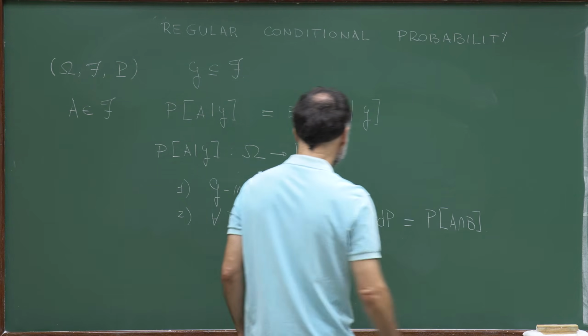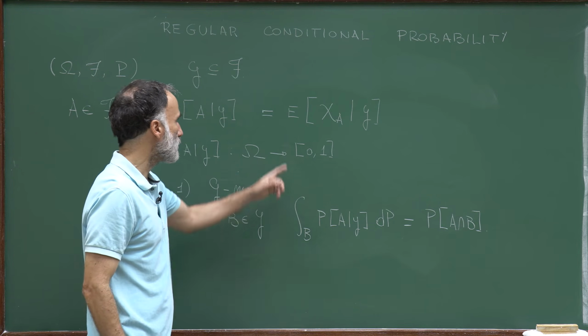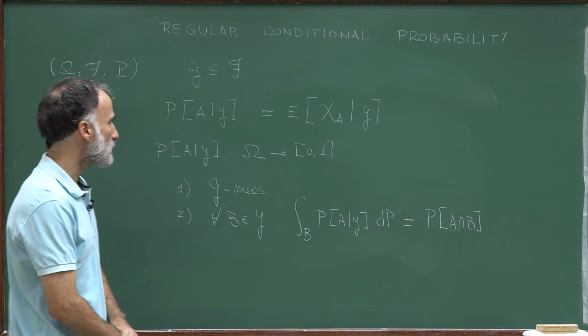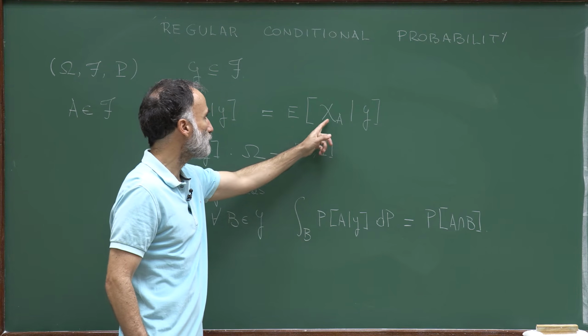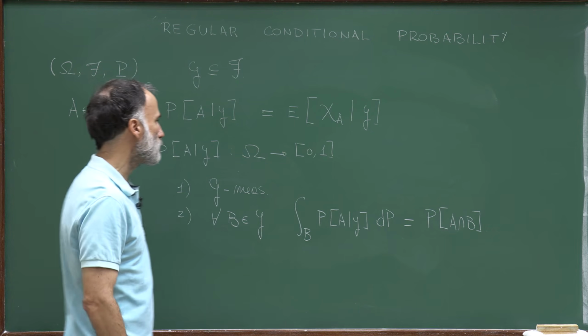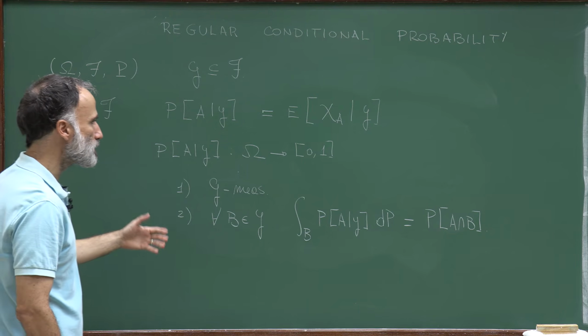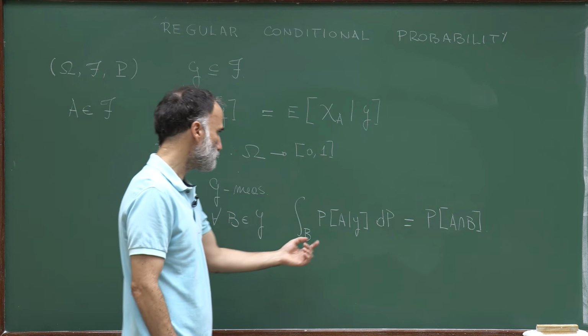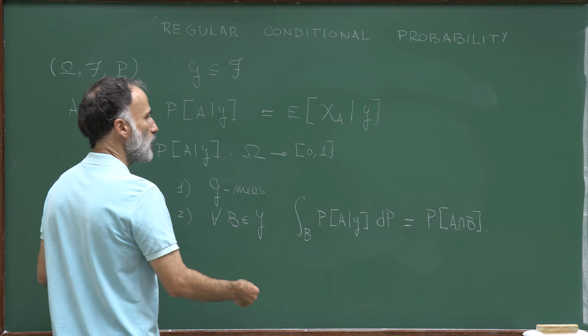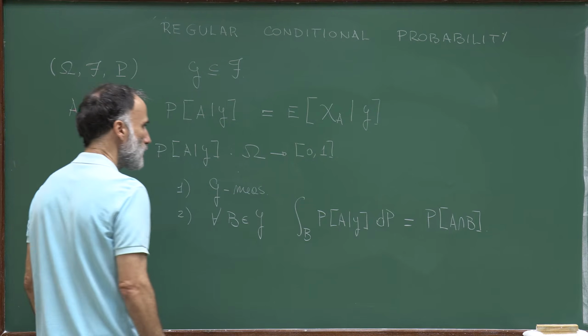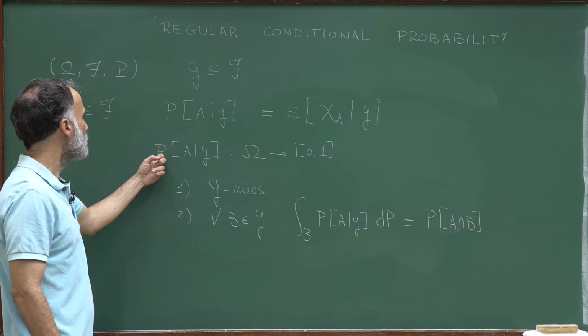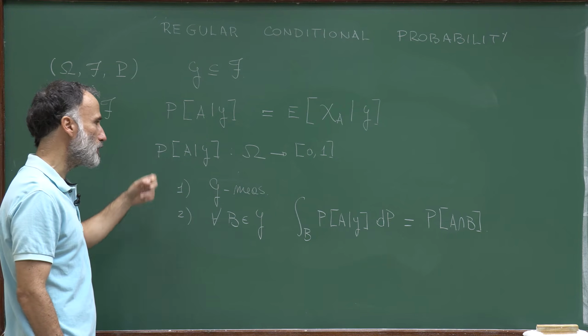And we have seen that these are exactly the properties of the conditional expectation of the indicator function of A given G, and that there exists a unique, up to almost sure equality, conditional probability.